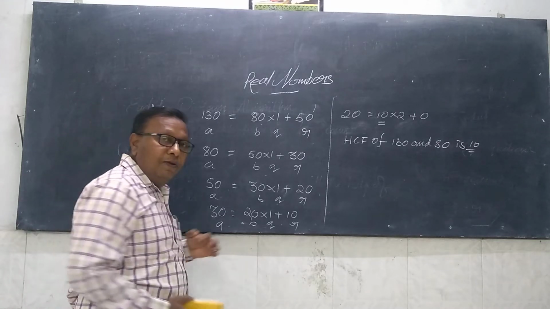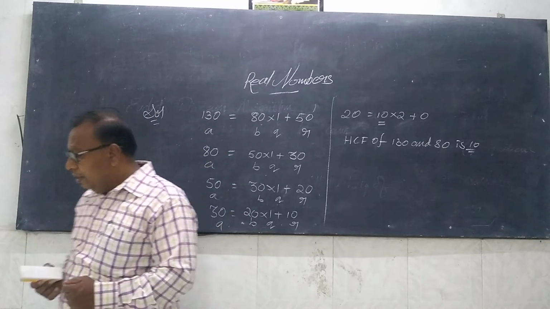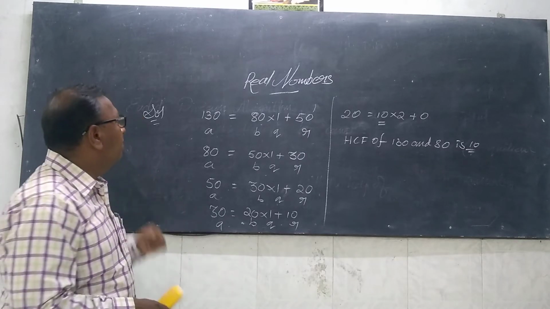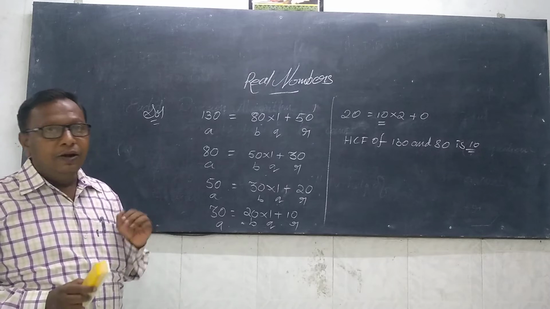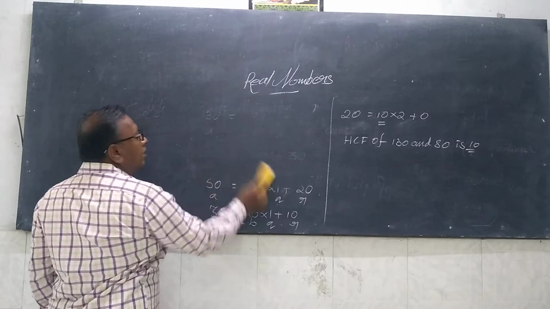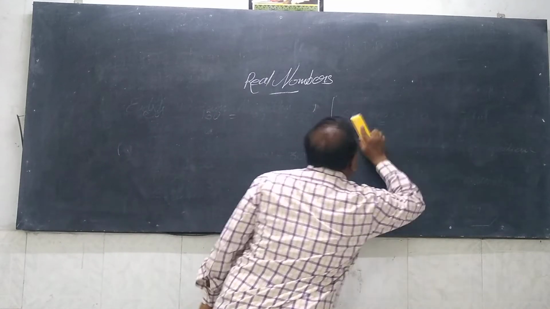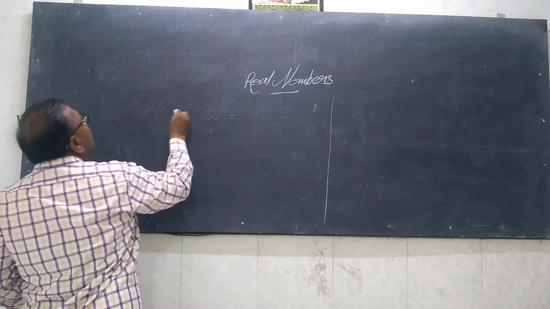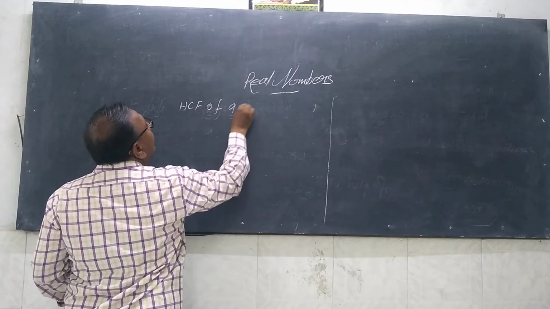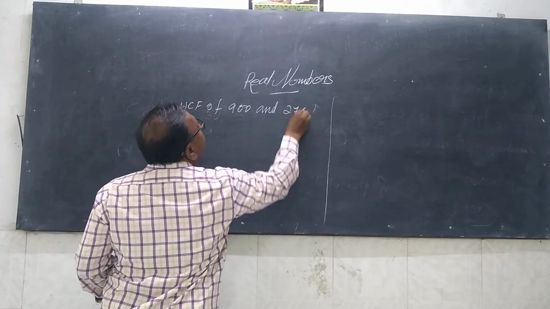Now again, if you go to the exercise, we have problems here. For example, HCF of 90 and 270. We'll see how we can find the HCF of 900 and 270. So find the HCF of 900 and 270.